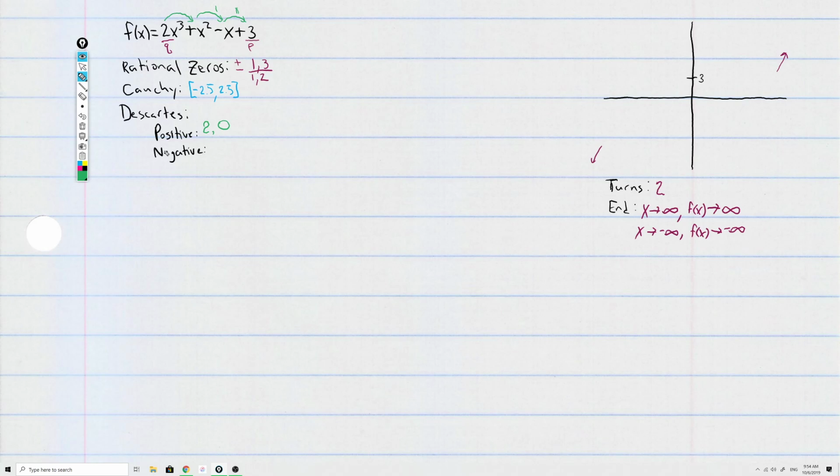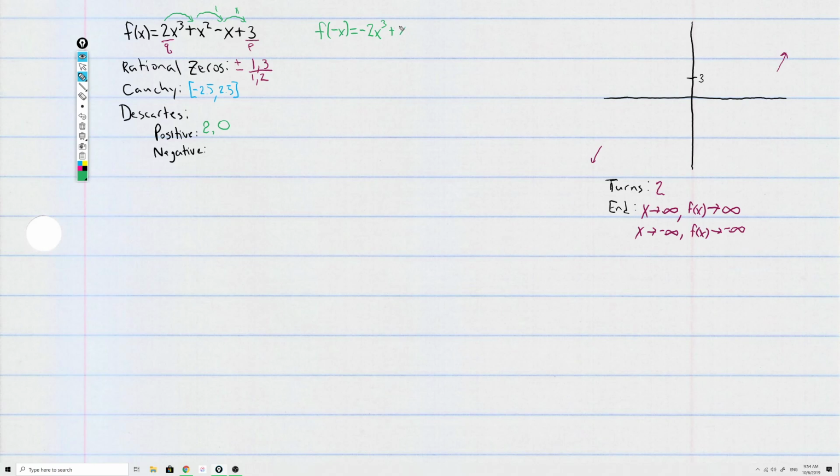Now, to find the possible number of negative real zeros, you have to do a little bit of work. You might be able to do this in your head. If not, what you have to do is find f of -x. So we're going to write the function down again and replace x with -x and see what happens with the exponents. So to the third power, that's going to be -2x cubed.